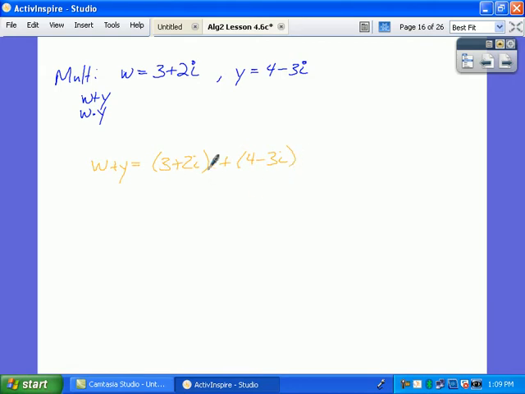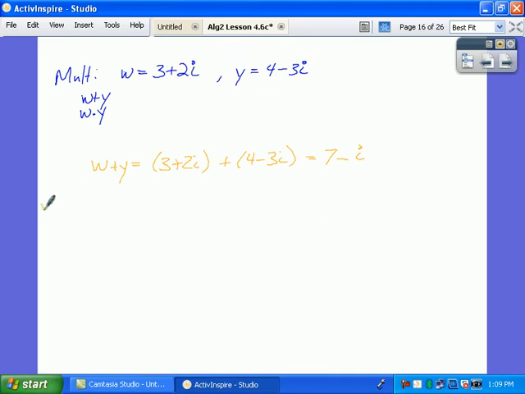And again, we add the real number parts, so 3 plus 4 is 7. We add the imaginary number parts, and we get 2i minus 3i, which is minus i. So the sum is 7 minus i.